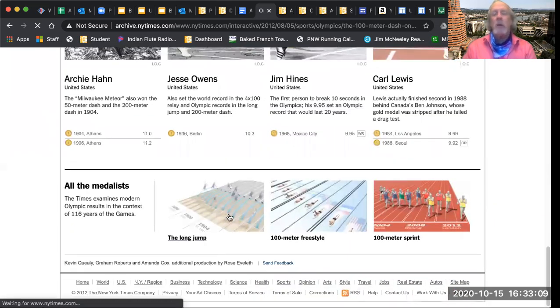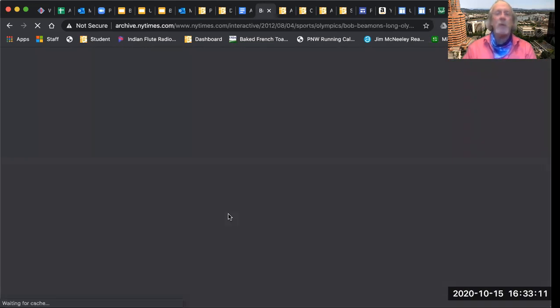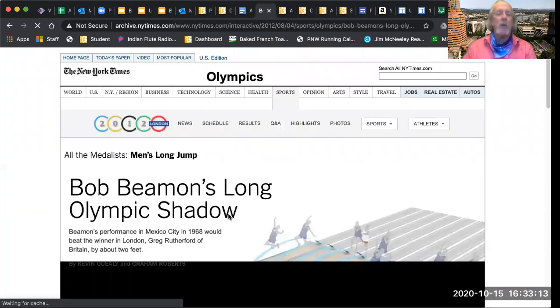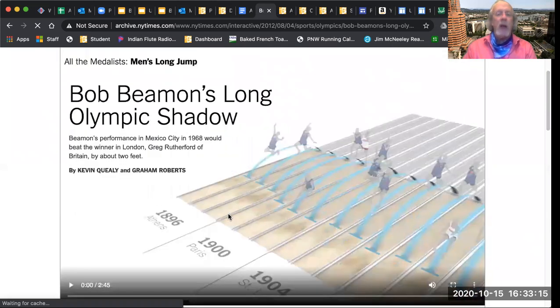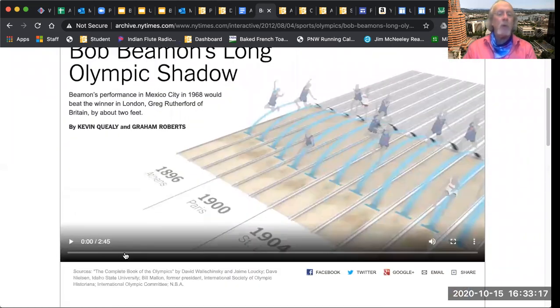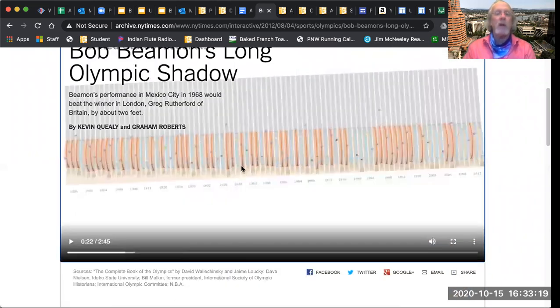Not all events have gone this way, though. This particular event, the long jump, has been more or less a horizontal pattern. We haven't seen any consistency in improvement. It's been general ups and downs, depending on perhaps wind and who's participating. So why no great improvement here?